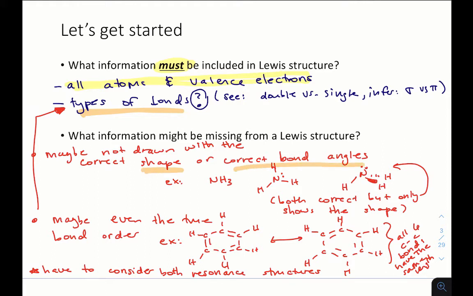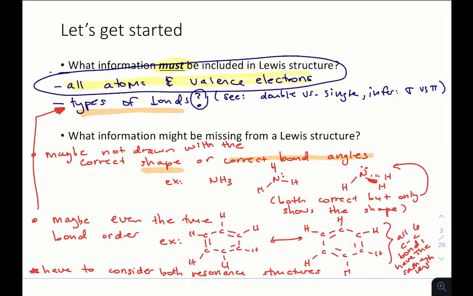Well, then we need to think carefully about, for example, whether or not the molecule may be represented by resonance structures, or how many electron domains are about a given atom, and then redraw in the proper shape. So drawing Lewis structures is not something that we do in 5 seconds and then move on from. We actually have to put some thought into the structure once we've just represented all the atoms and valence electrons.